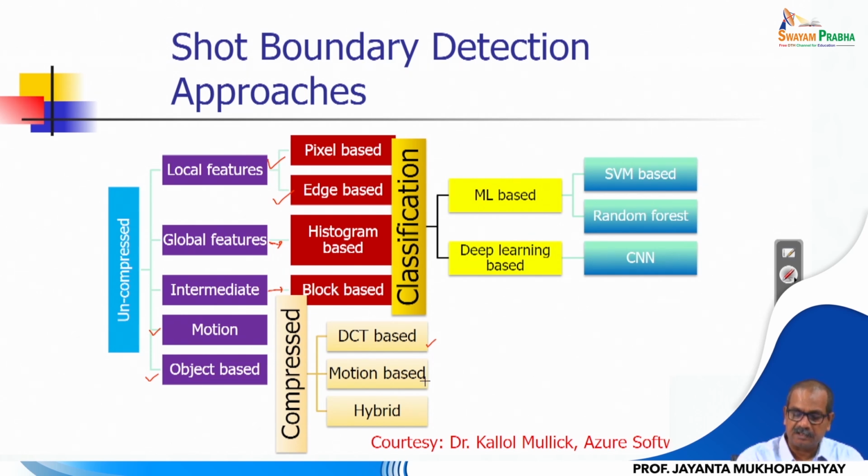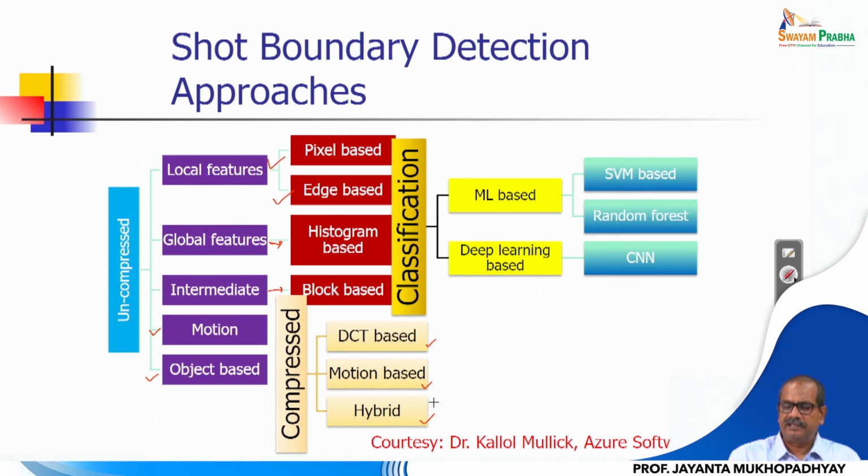Even the motion vectors we have discussed earlier are also there in the compressed stream, computed when we compress a video. So why don't we use those motion vectors for shot boundary detection? Or you can consider a mix of both, the DCT coefficients and motion vectors, and design algorithms using them.